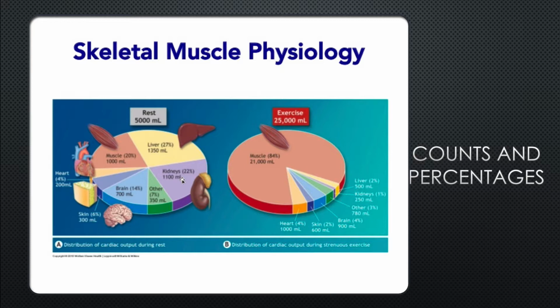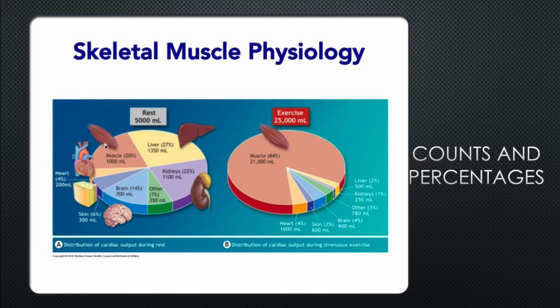When we begin exercise, our heart can increase blood flow by almost 5 times. So it can pump now about 25,000 milliliters of blood, and we see that nearly all of that blood flow is shunted to muscles because they need the blood and the oxygen and the glucose that's in the blood to fuel activity.